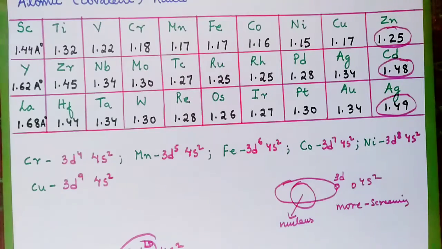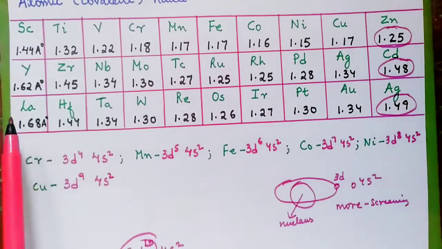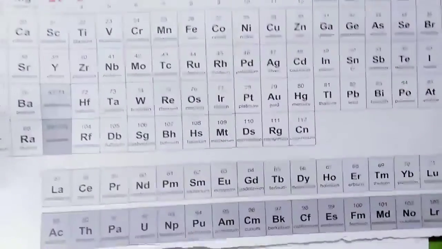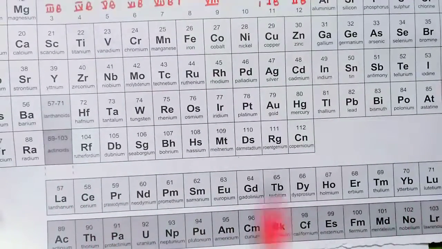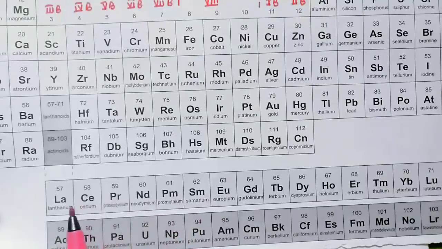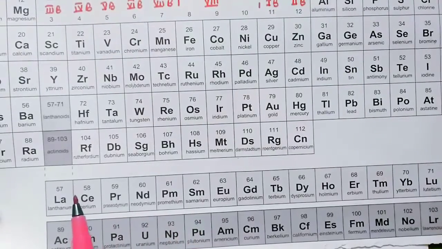That is because of the lanthanide contraction. Here we have lanthanum. Just have a look at the periodic table. See, we have the lanthanides, right? These are all the lanthanides. In these elements, there is a contraction known as lanthanide contraction.